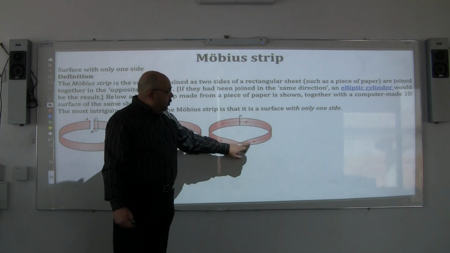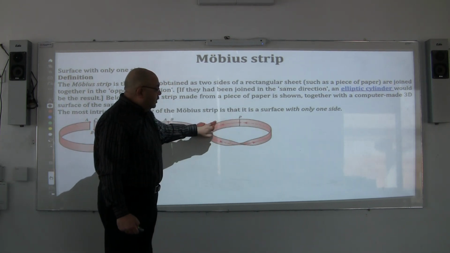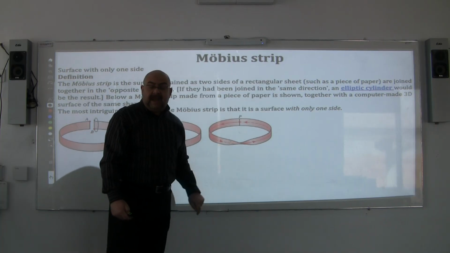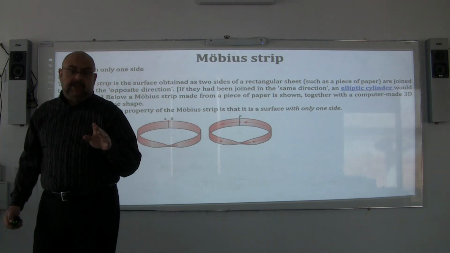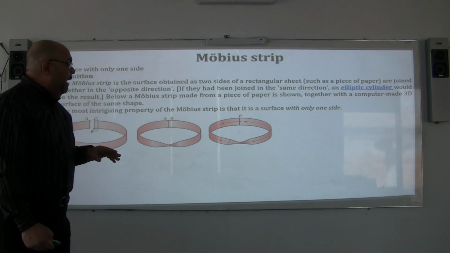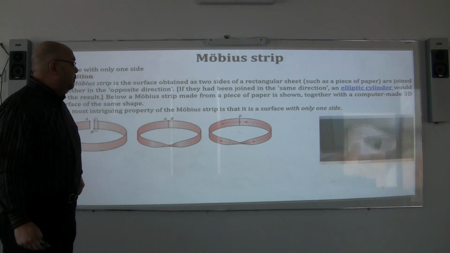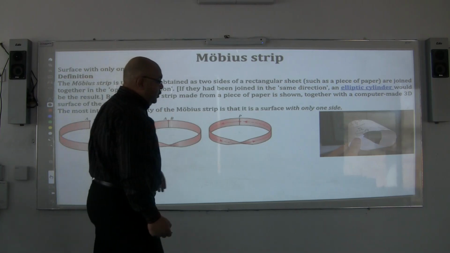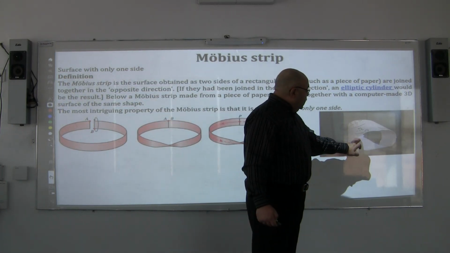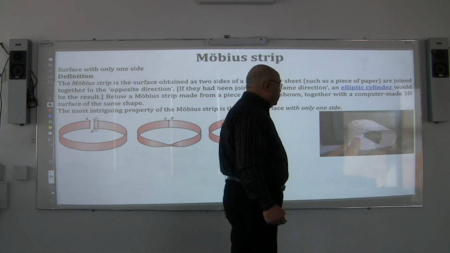We are moving from inside to outside through this belt. It has plenty of advantages in mechanical engineering and in the moving parts of an engine or something. So once more, that's the Mobius strip, as you can see.